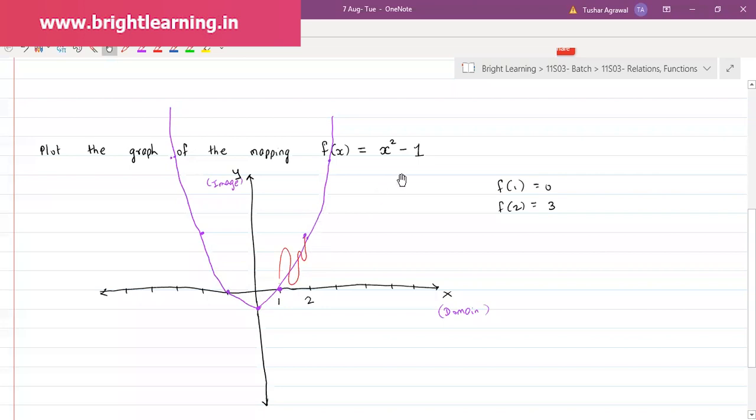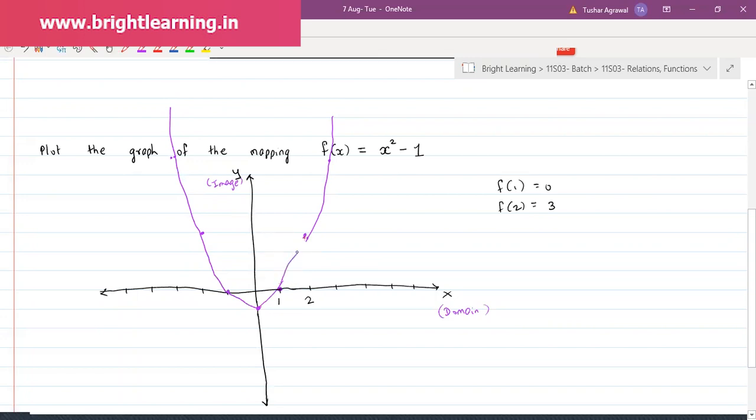I already knew from my knowledge of calculus that x square minus 1 is a quadratic equation, and a quadratic equation is a U curve, a parabola. So I combined half knowledge of graph and half knowledge of calculus, and I directly stated that this U will be there. I didn't bother what is happening in between.